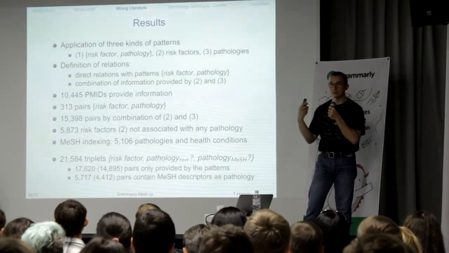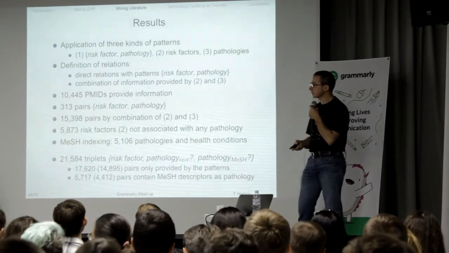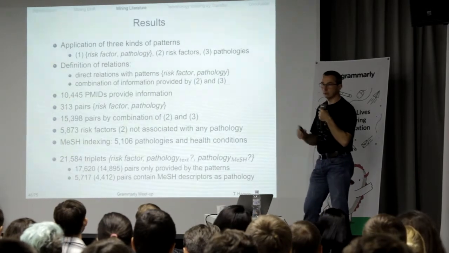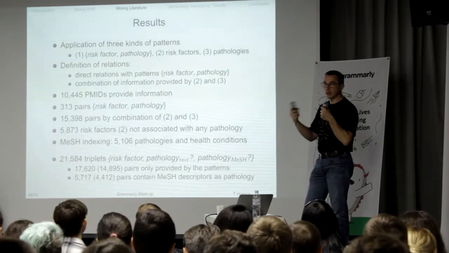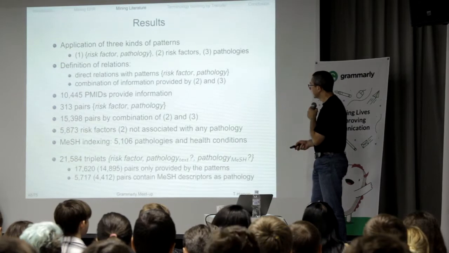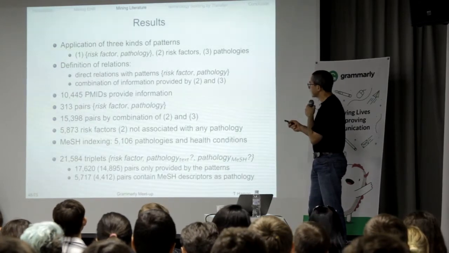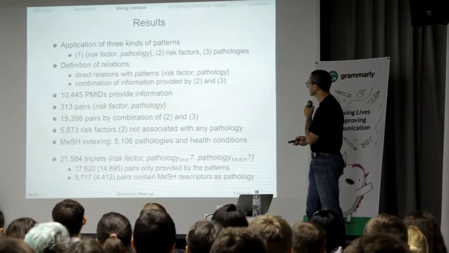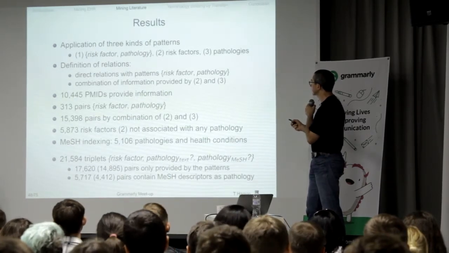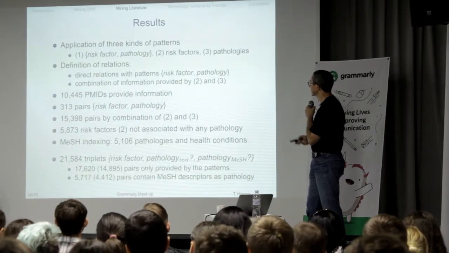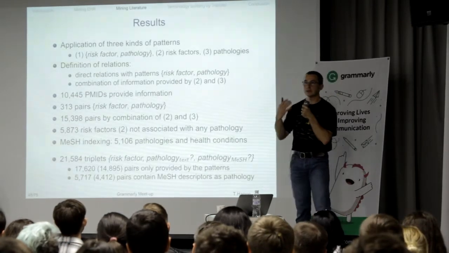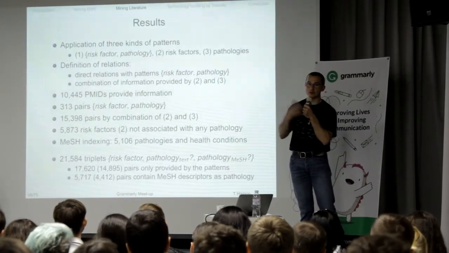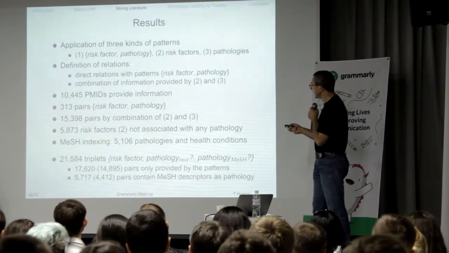And we use the MeSH indexation of this abstract to relate risk factors with disorders we know are related to the abstract. So we define relations with risk factors and pathology by this pattern, and also by the combination of this pattern and this pattern. That means that if we find in the abstract a risk factor and some pathology, we consider there is a relation between both.